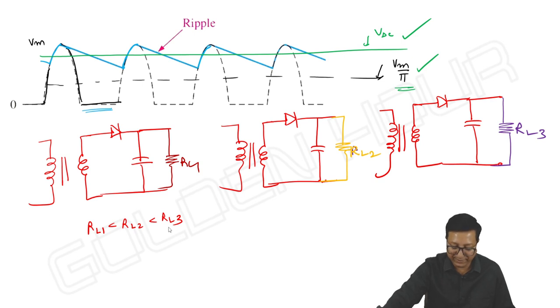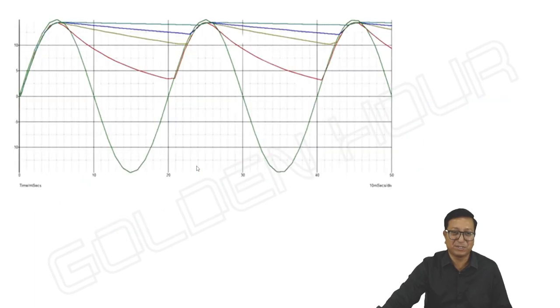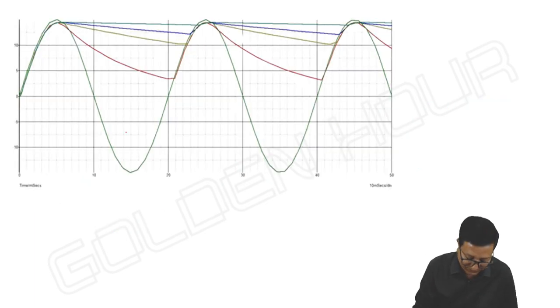I'm taking three cases here. If the load resistor is small, the time constant is small, then definitely the discharging time will also be less, no doubt about it. This is what you can see for the first case.